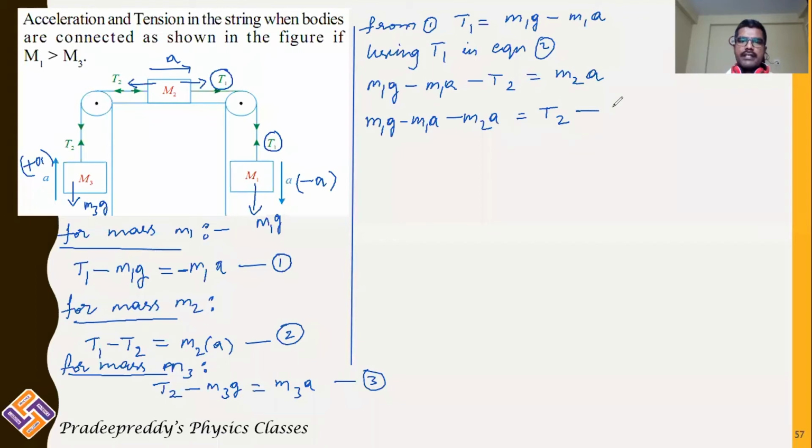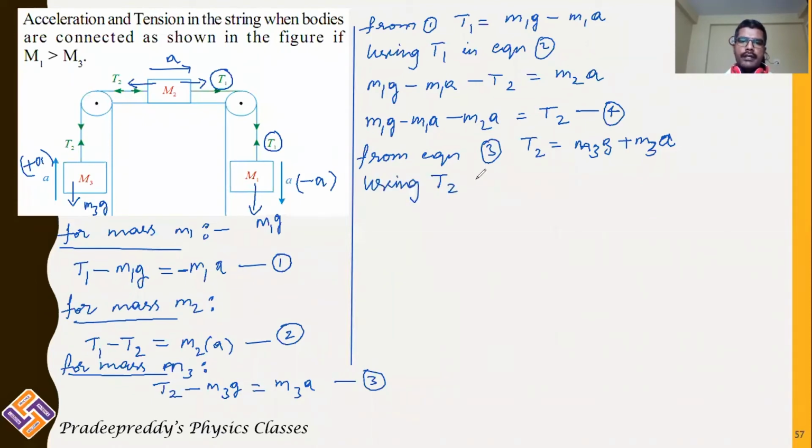Let me take this as equation number 4. From equation 3, we can write T2 is equal to m3g plus m3a.